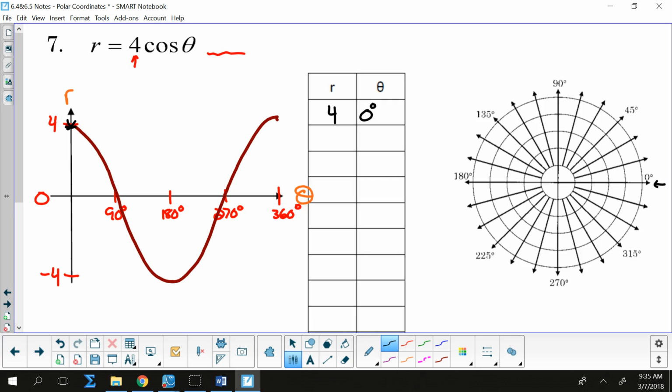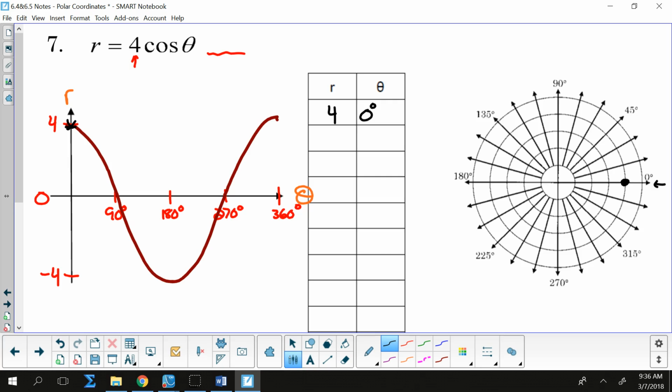My value is 4, so I need to go out 1, 2, 3, 4 to get there. What's my next key point, or easy point to find off of this left graph?